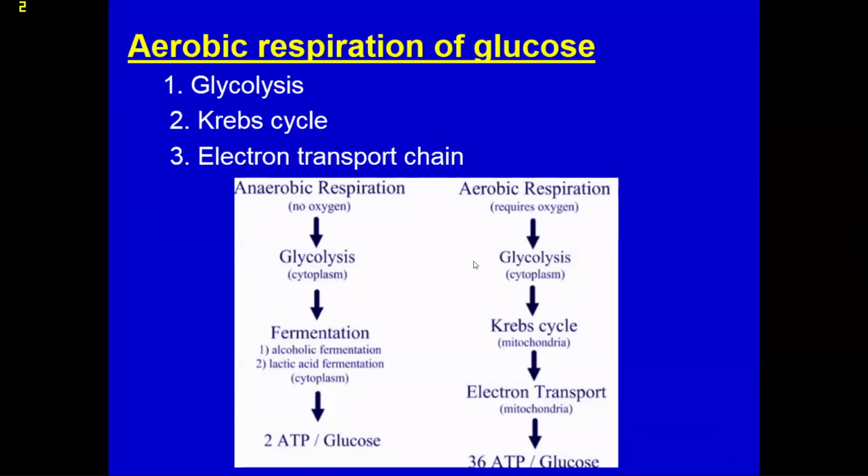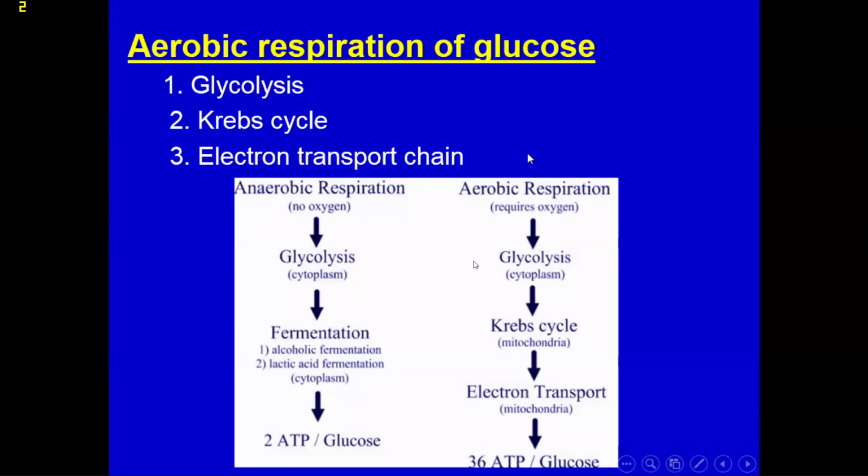So glucose will be metabolized through 3 different processes. The first one is called glycolysis, the breakdown of glucose. Then the Krebs cycle. I am sure you have heard and learned the Krebs cycle. And then the electron transport chain.